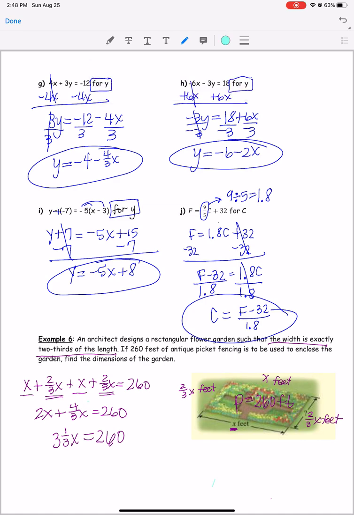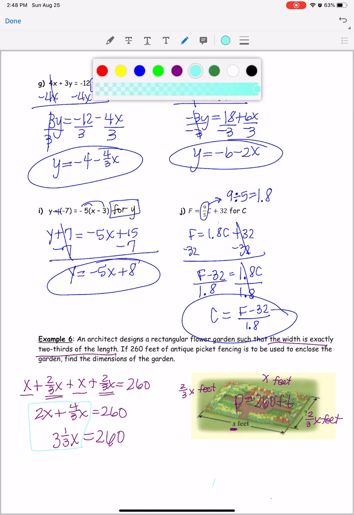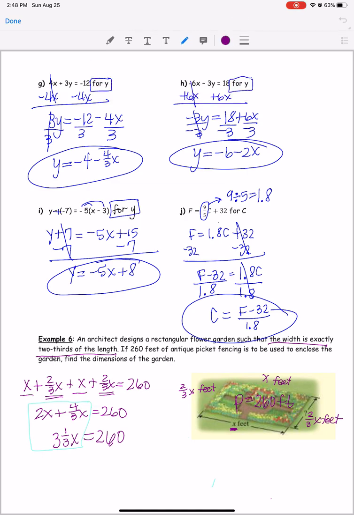So if you need to know how to get from here to here, this is calculator work, you need to come and see me, okay? Then to get X by itself, we divide. So I'm going to divide by 3 1/3. And we're going to get X to equal, let me put this in my calculator. We're going to get 78 evenly.